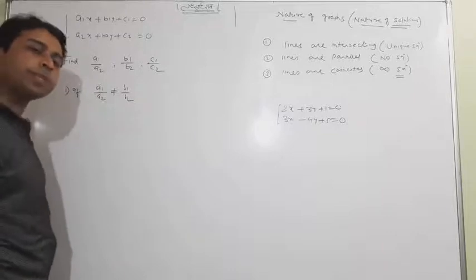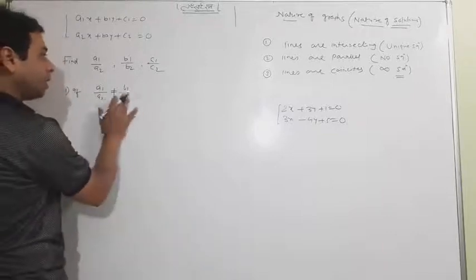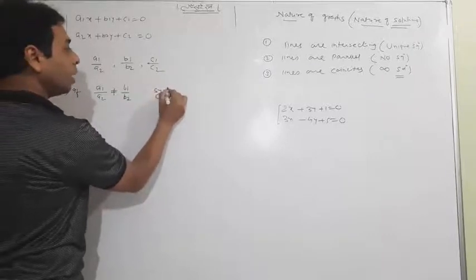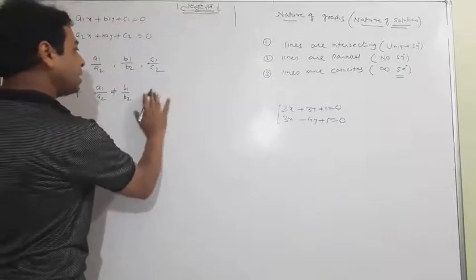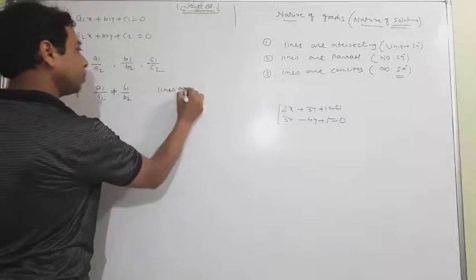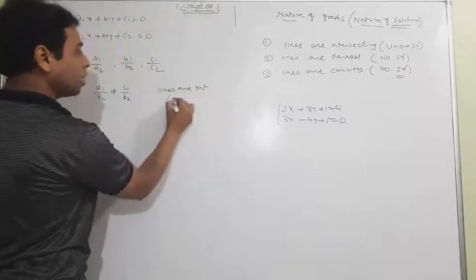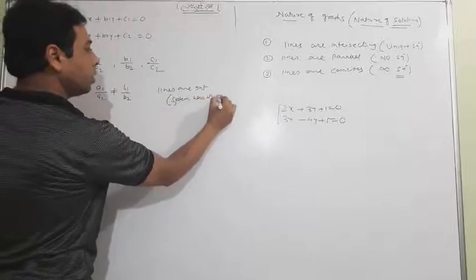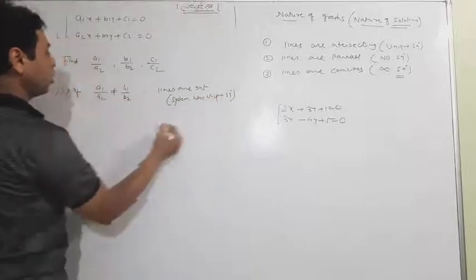After checking, you will directly see that a1 upon a2 is not equal to b1 upon b2. It means lines are intersecting, or the system has a unique solution. I have already taught about the solutions.